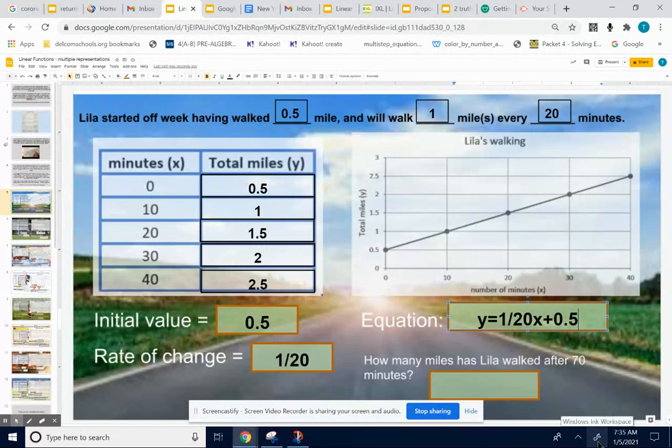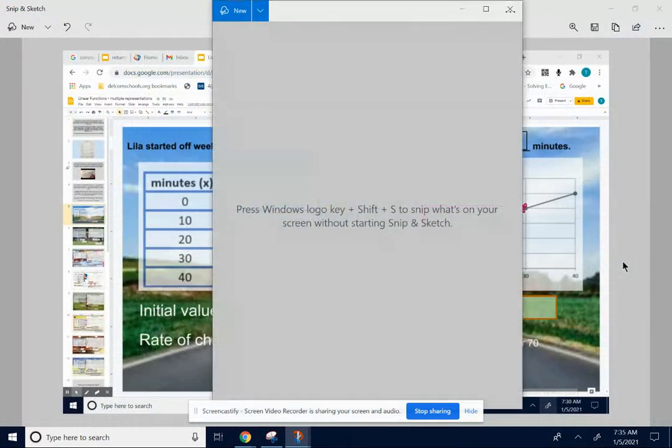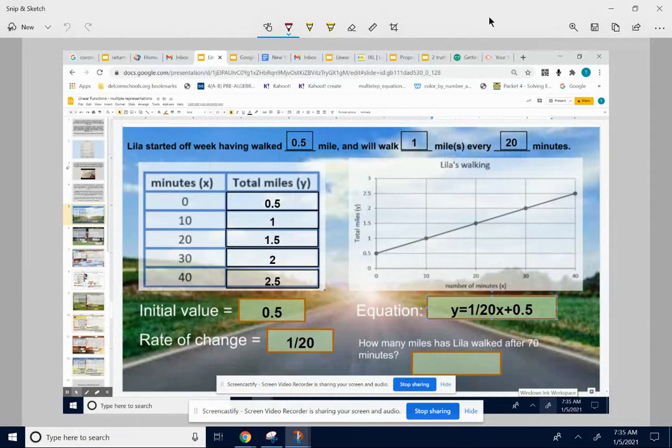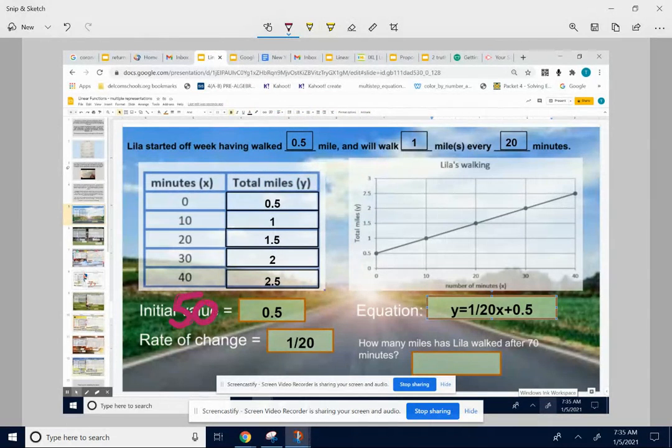But what I'm going to do, since it's almost easier for me, is just use the patterns. If I'm gone 30 minutes, 2 miles, 40 minutes, 2.5. That means after 50, I've gone 3. After 60, I've gone 3.5.